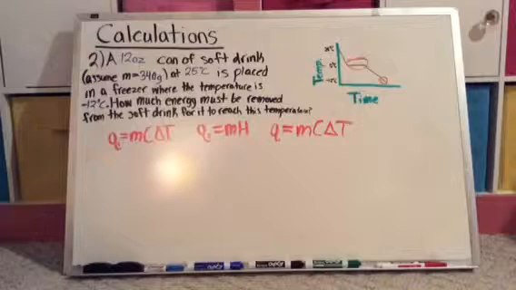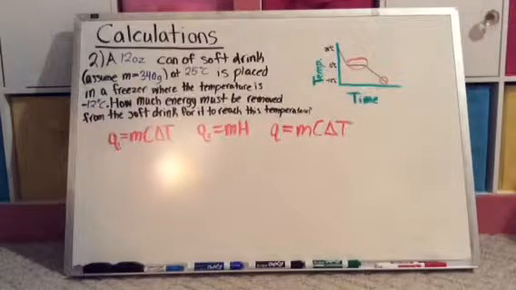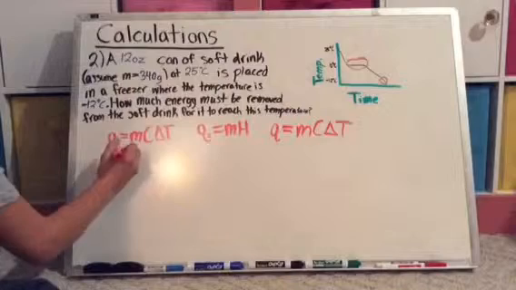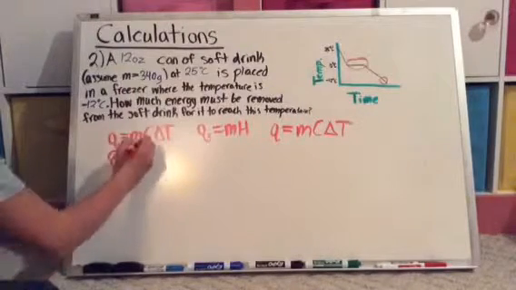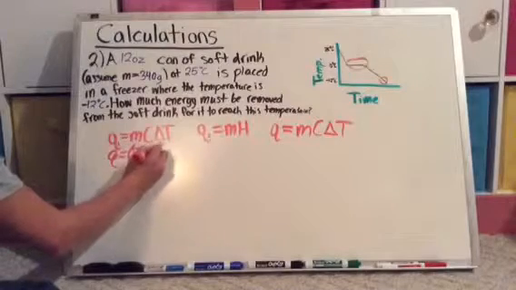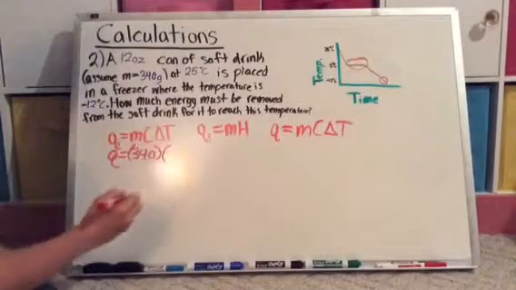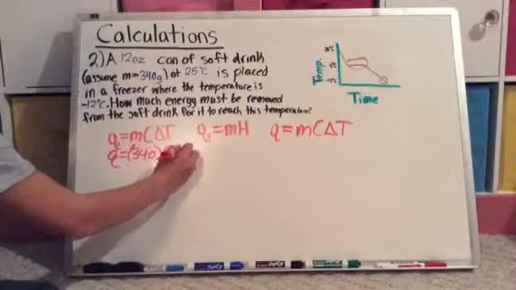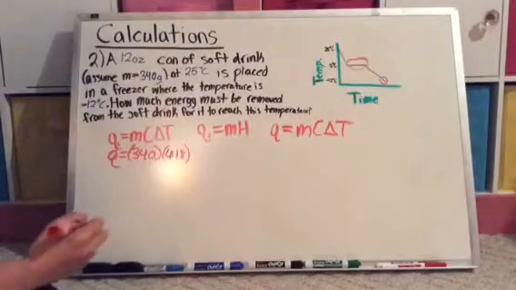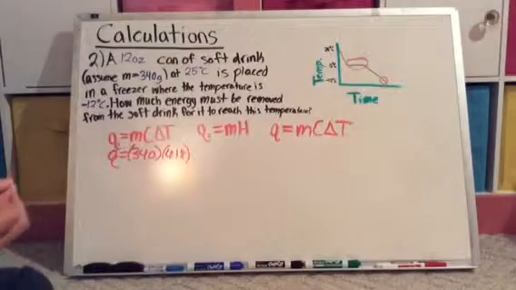So our first equation we solve is Q equals mass times the heat capacity times our temperature change. So to find energy, our mass is 340 grams, and we're going to times this by our heat capacity of 4.18 joules per gram degrees Celsius.